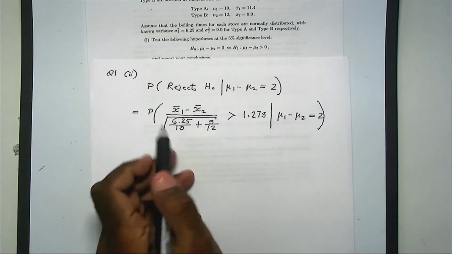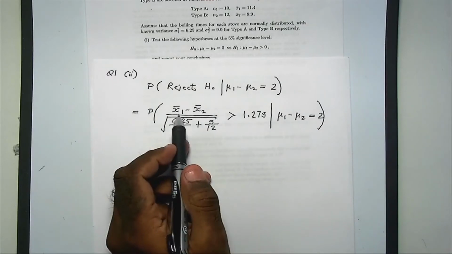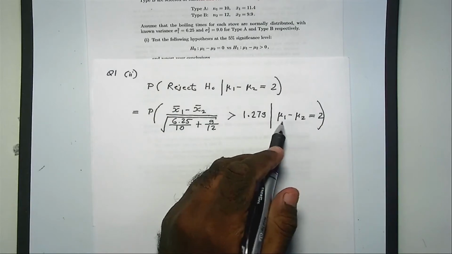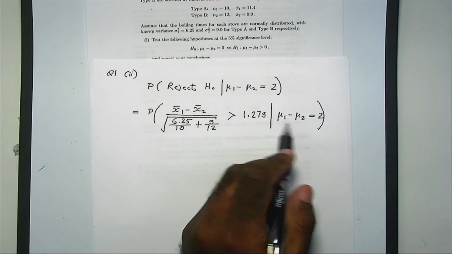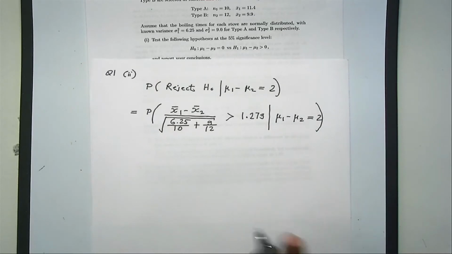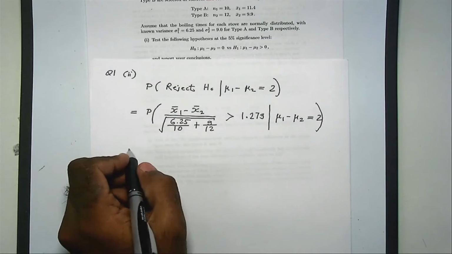Now this statistic is based on the assumption that the difference is equal to 0. But now we are told that it's not. The difference is actually equal to 2. So what I'm going to do is the following.